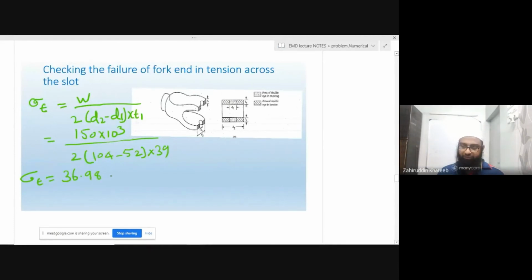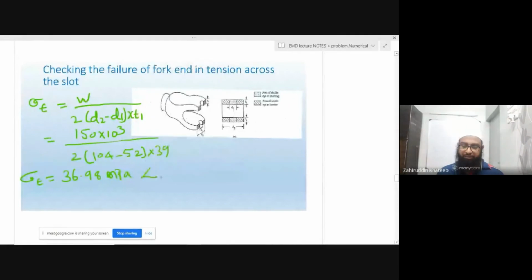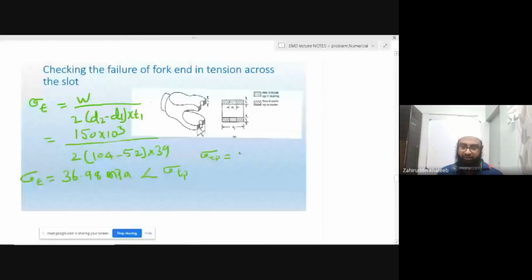Now again we will compare this value with the permissible value of sigma T. The permissible value of sigma T is 75 MPa.